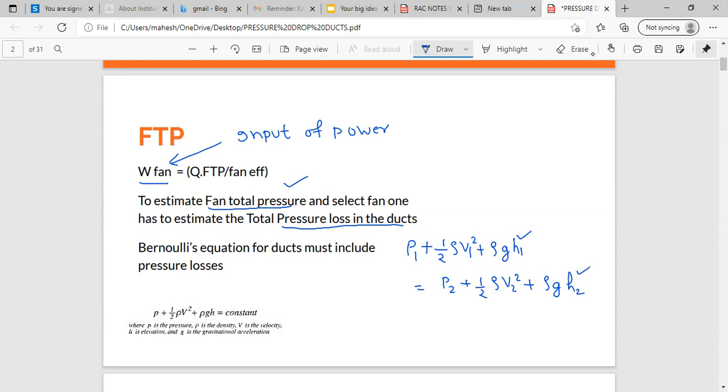Commonly, if it's a horizontal duct, these elevations would be the same, so this would cancel off. And if there is no friction loss, this would be the equation of Bernoulli's.